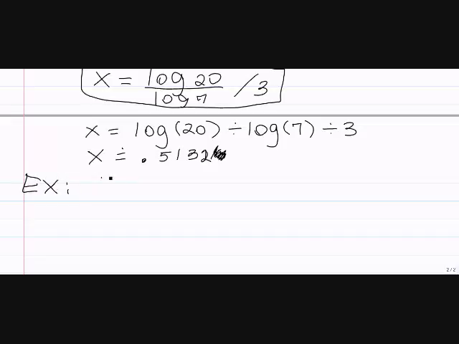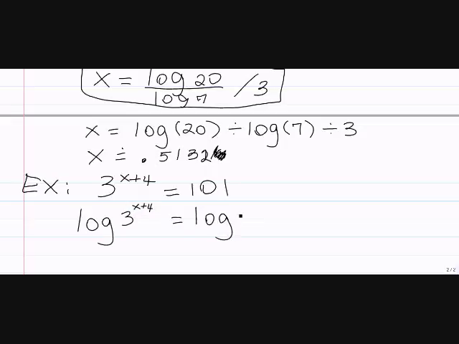So we'll do 3 to the x plus 4 equals 101. First step is to log both sides of this equation. So this is the log base 10 of 3 to the x plus 4 equals the log base 10 of 101.